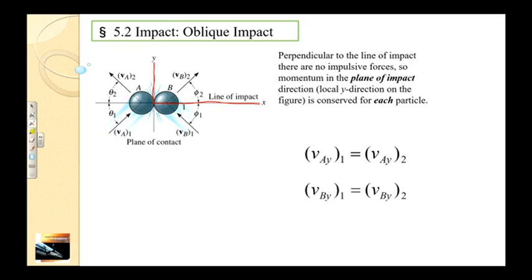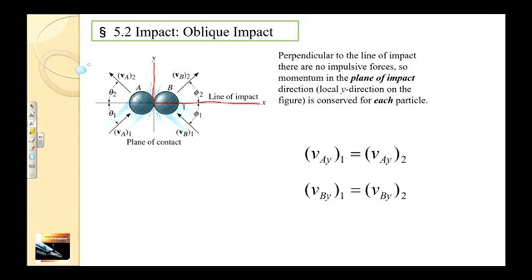So I kind of already talked about the fact that if we have two balls coming in at whatever angles, I don't need to know the directions for these balls, right? All I need to know is my rules for finding the line of impact and plane of impact. Step 1, find the contact point. Found it.